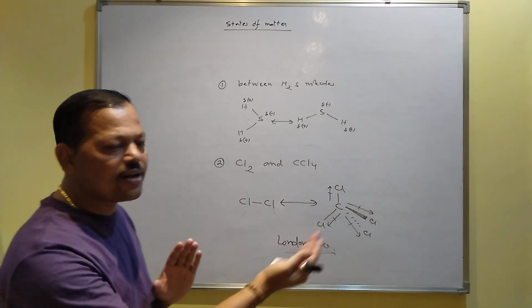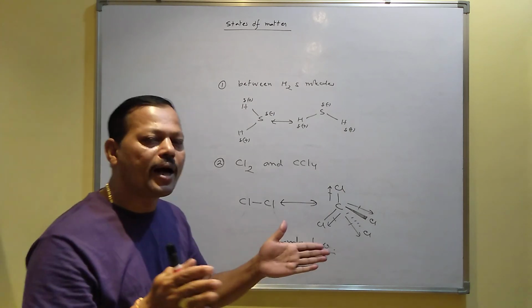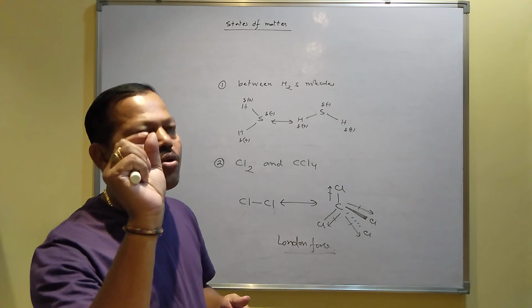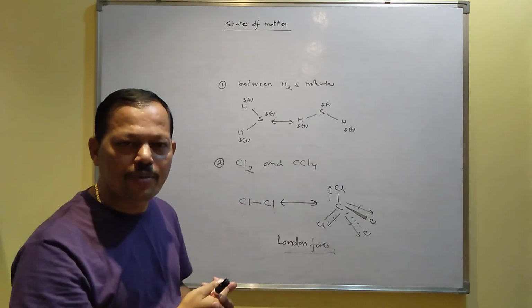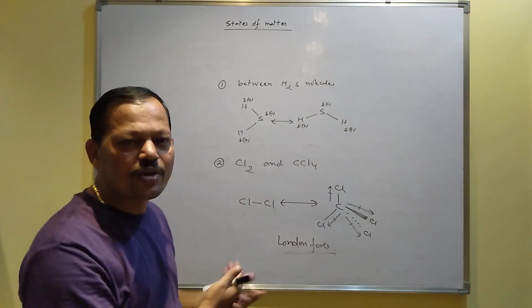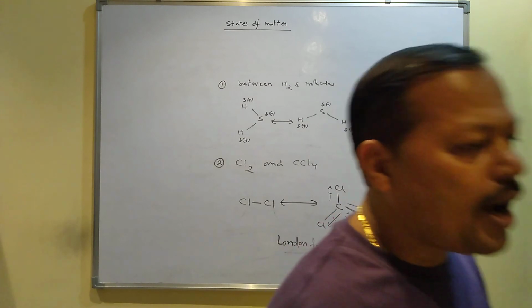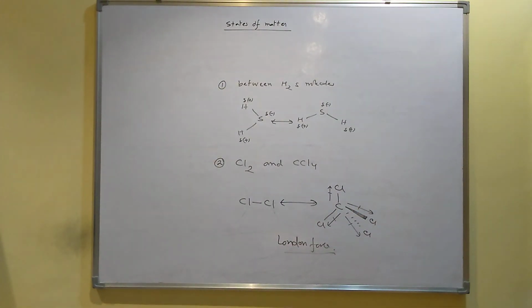If one is polar and another is non-polar, then you can write dipole-induced dipole. And those molecules which can form hydrogen bonding, as you know, oxygen, nitrogen and fluorine can form hydrogen bonding. So molecules which contain oxygen, nitrogen and fluorine can form this type of hydrogen bonding, and then you have to write that the force of attraction is hydrogen bonding. So these are the intermolecular forces of attraction between molecules. Thank you.